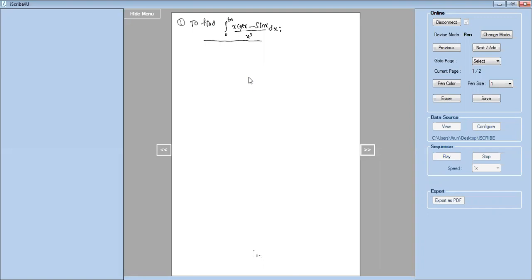Right. Now to find the value of this one, as we know, we have to select the inverse Fourier transformation formula.